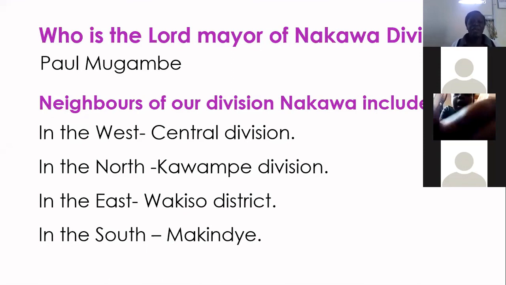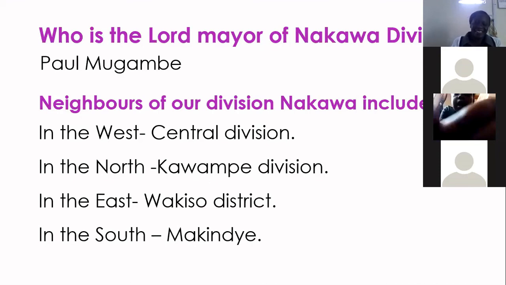In the West, we have Central Division. As at first we talked about these divisions which form Kampala Capital City, we said there are 5. So in the West of Nakawa Division, we have Central Division. Then in the North, we have Kawempe Division.